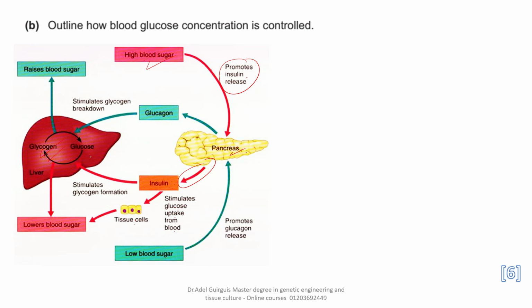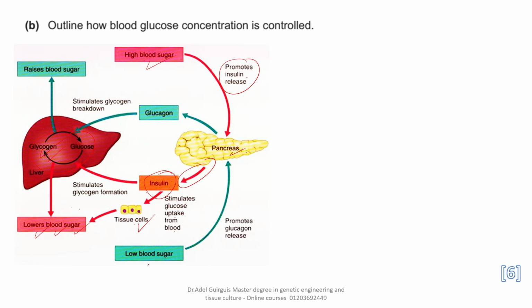Besides, all cells are stimulated by insulin to take up glucose to be oxidized to release energy needed by the cells. So what happens to the glucose level after storage, usage, and uptake? Blood glucose level is lowered and returns to normal, to the set point or normal range.